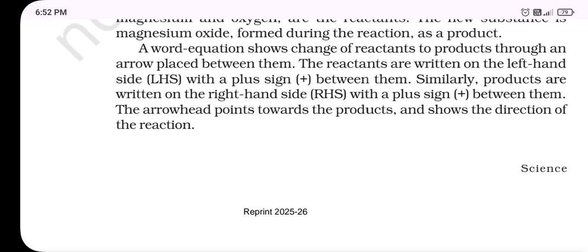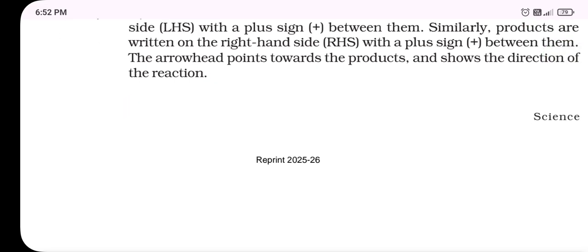It shows it is forming the products, as well as the direction of the reaction: the reaction is occurring to the right hand side, to the forward side.